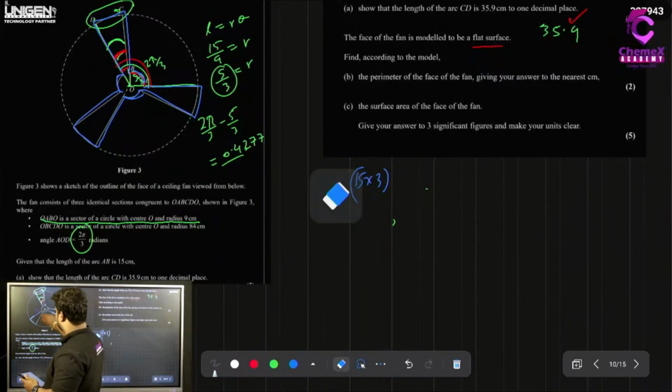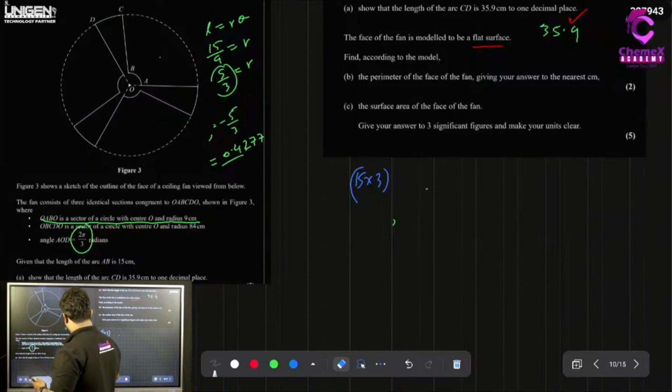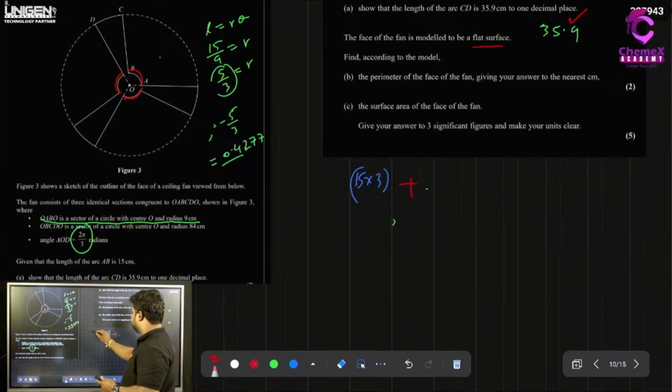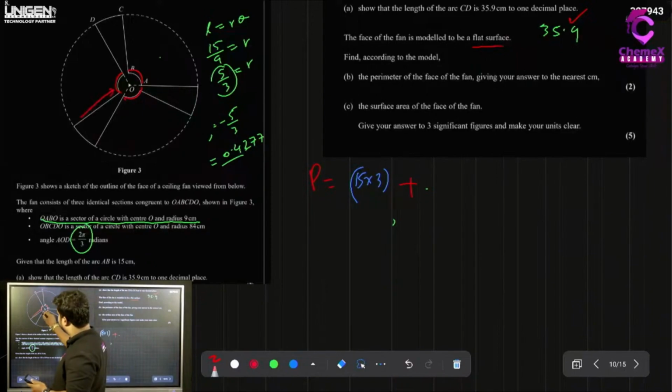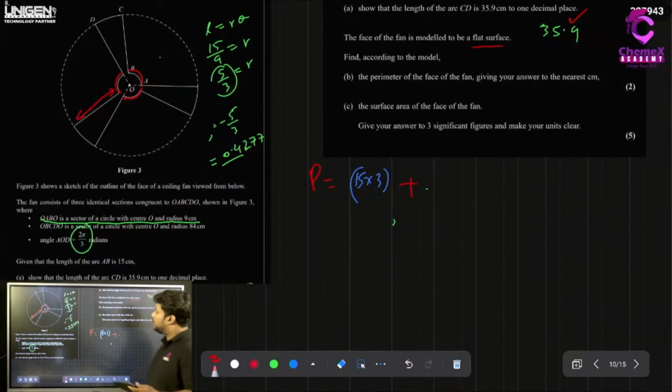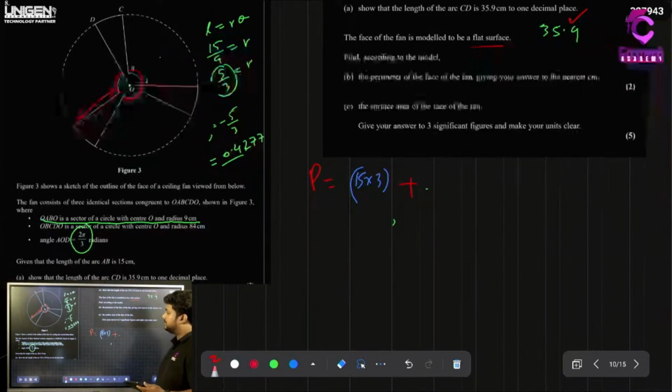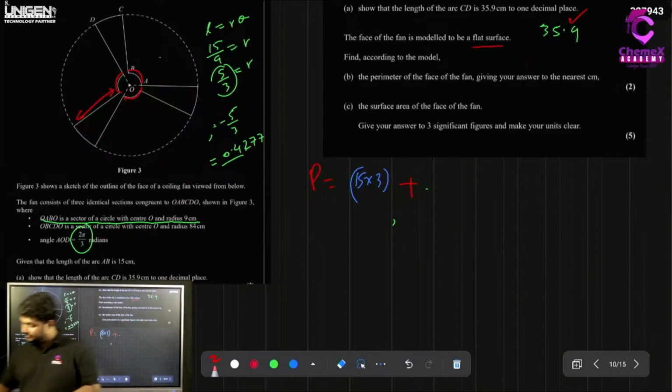Let's see this. How many AB are there? 1, 2, 3, plus. What is this distance? From O to C, it's 84. So 84 minus what? 9. What is 84 minus 9? It's 75, right?